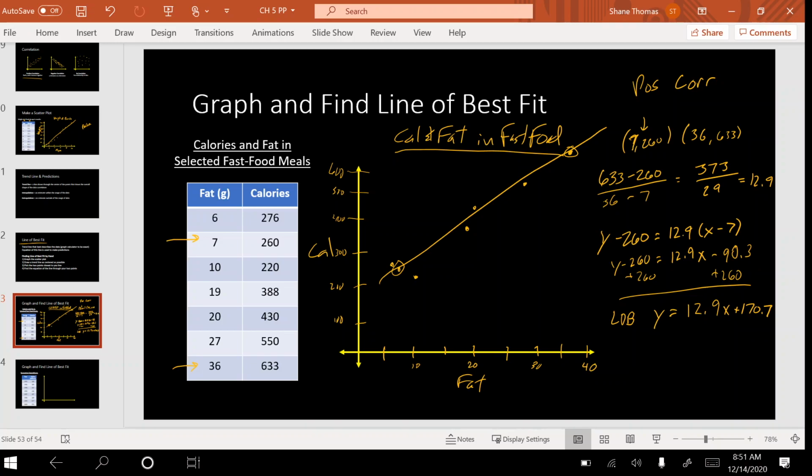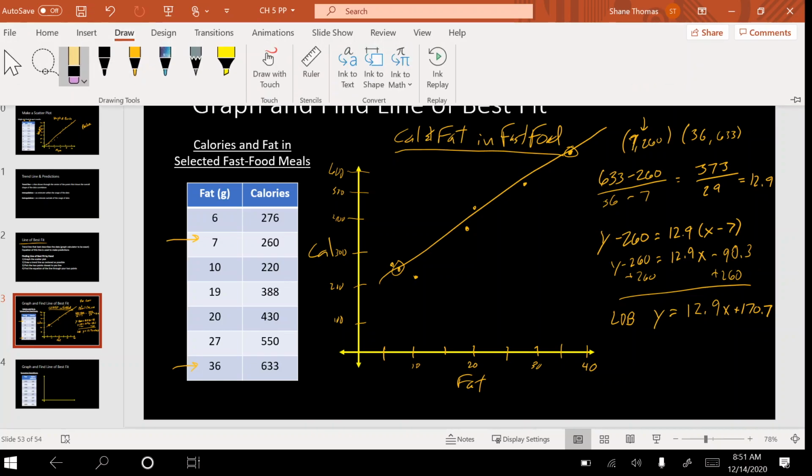All right? Now, let's make a couple predictions. So if I tell you that a Big Mac has 22 grams, do you have that equation written down?